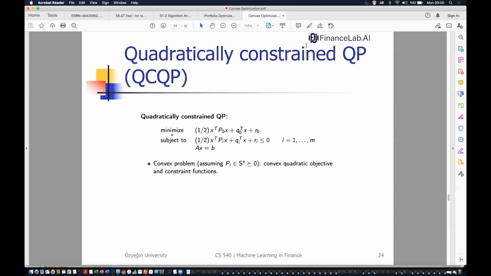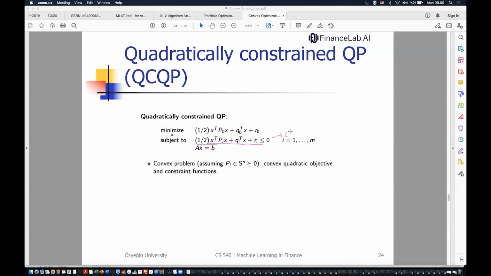Another type of program is the quadratically constrained quadratic program. And the difference here is that the inequality constraint is also quadratic, as you see here. The inequality constraint is not affine, but quadratic: 1/2 times x transpose Pi times x plus qi transpose x plus ri is smaller or equal than 0.